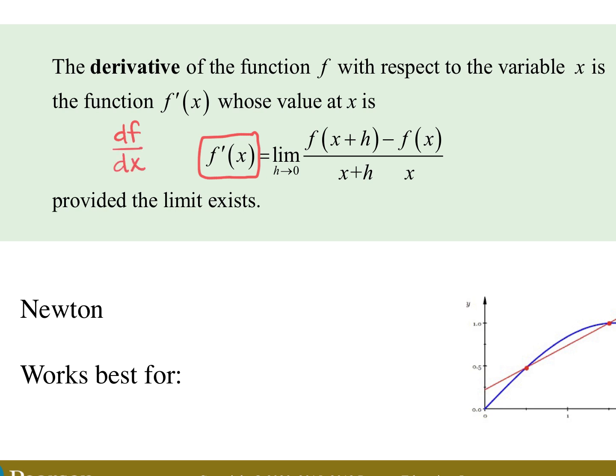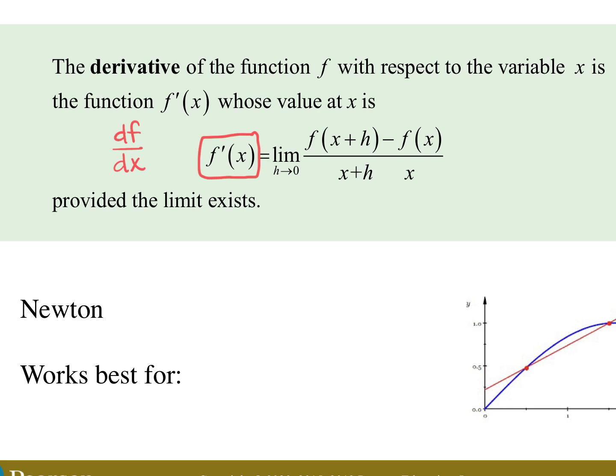Okay, the derivative of the function f using the variable x. Newton wrote the prime of the function f using the variable x. It's just two different guys working in two different countries, with two different notations, coming up with the exact same answer every single time.